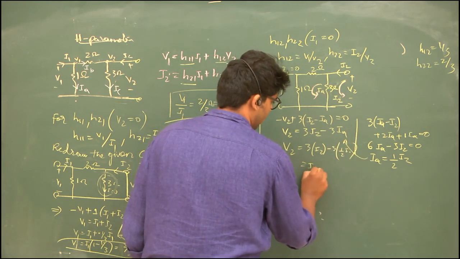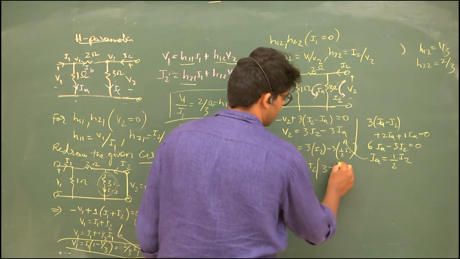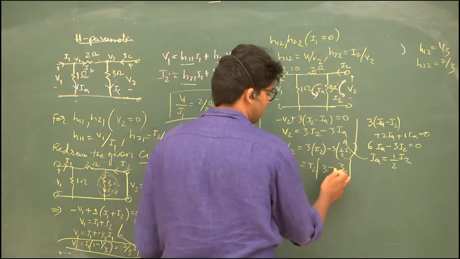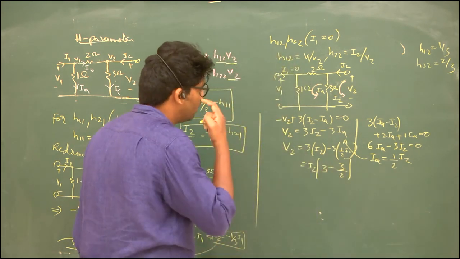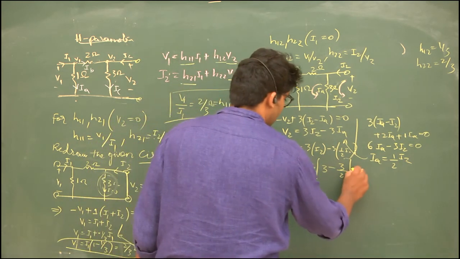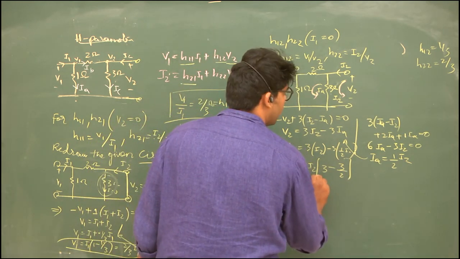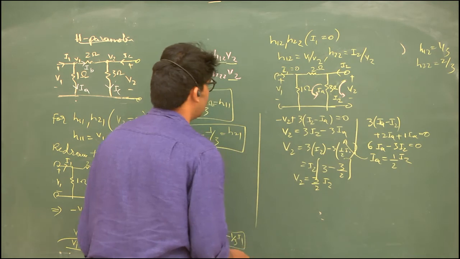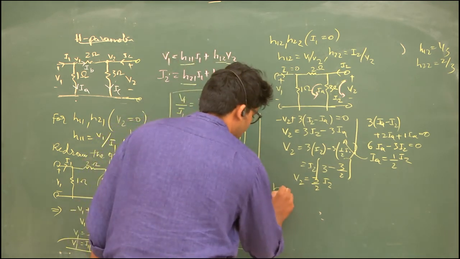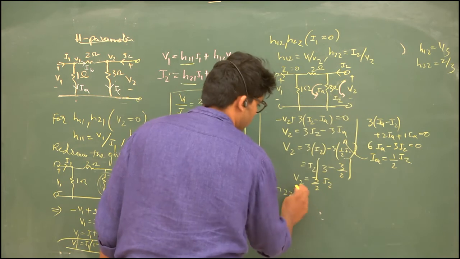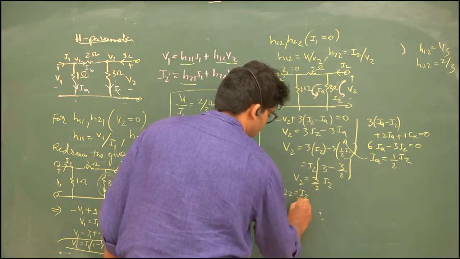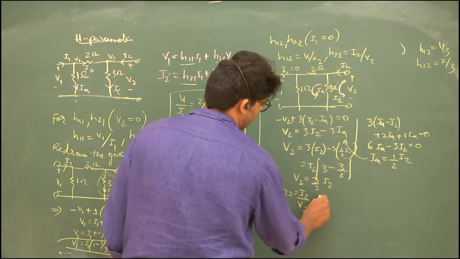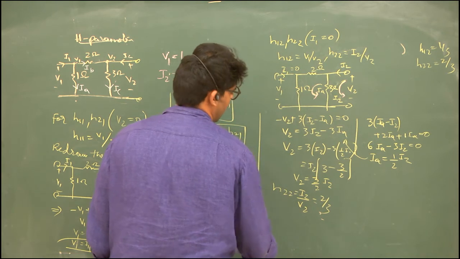Further we take I2 common: 3 minus 3 by 2, that is 3 by 2 I2. So H22 equal to I2 by V2, and the value we get is 2 by 3 ohm.